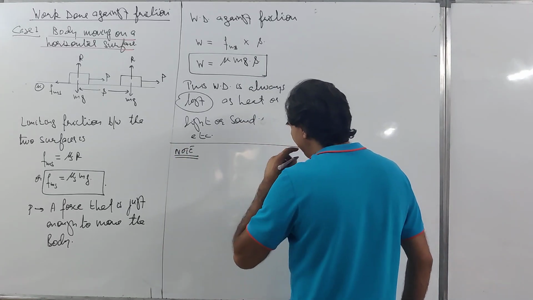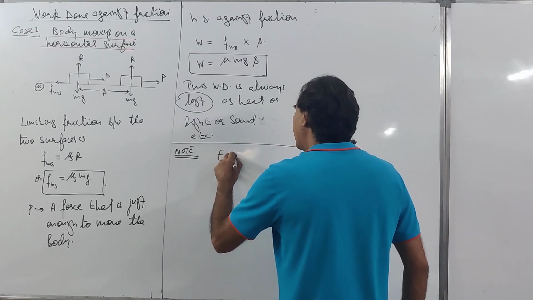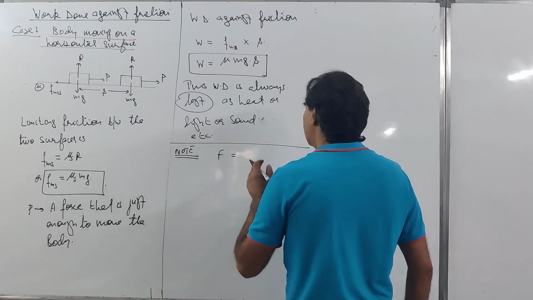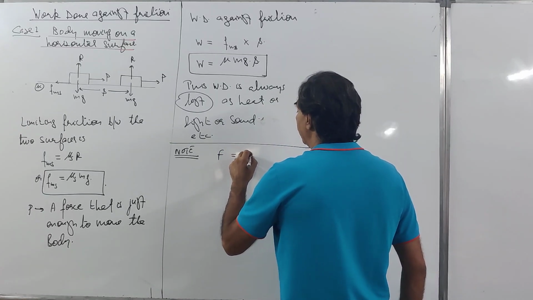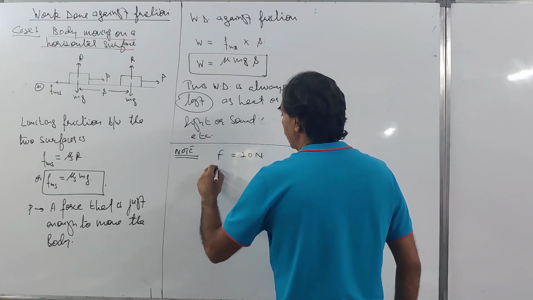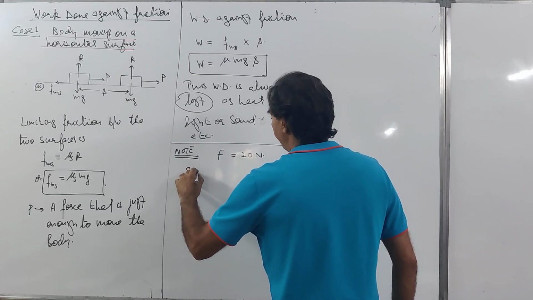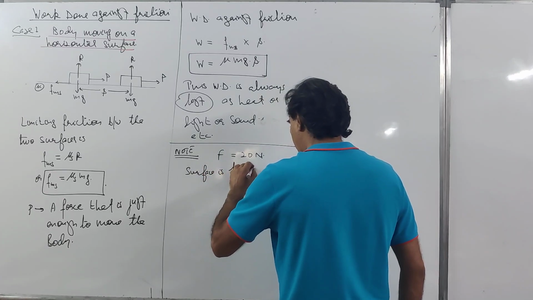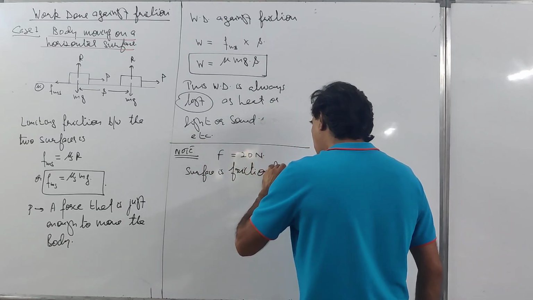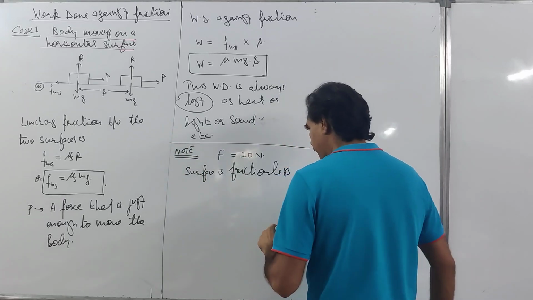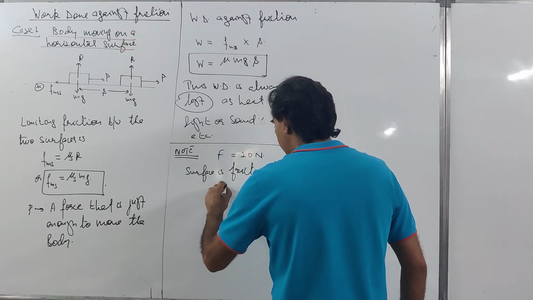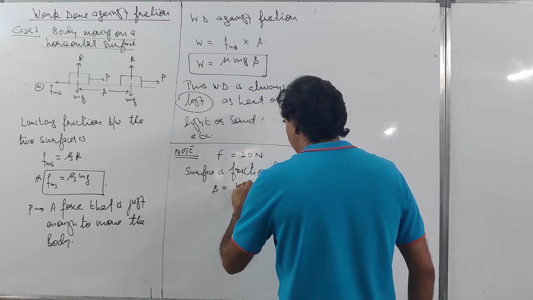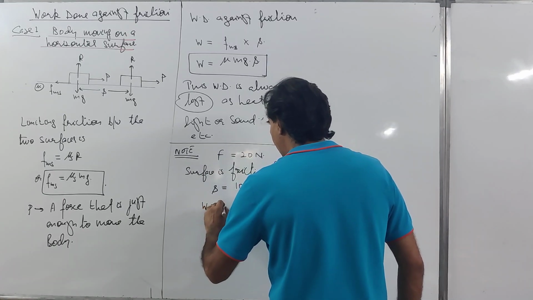सपोज करो applied force 20 newtons, surface is frictionless. बड़ा अच्छा समझ आएगा एग्जाम्पल से, ठीक है? डिस्टेंस मूव्ड इज 10 मीटर्स, वर्क डन कितना हो गया?